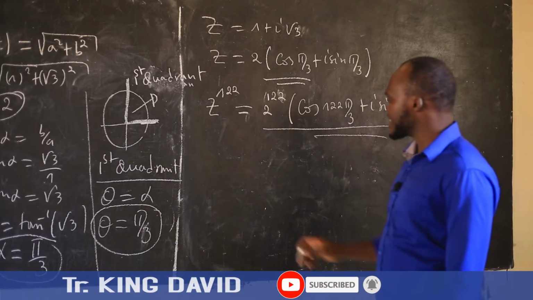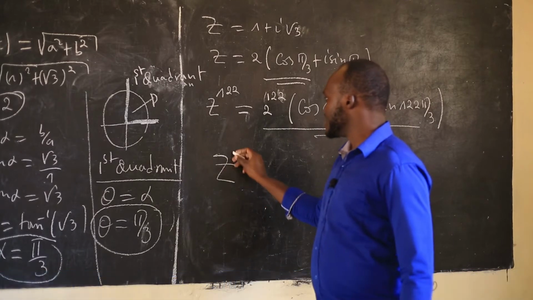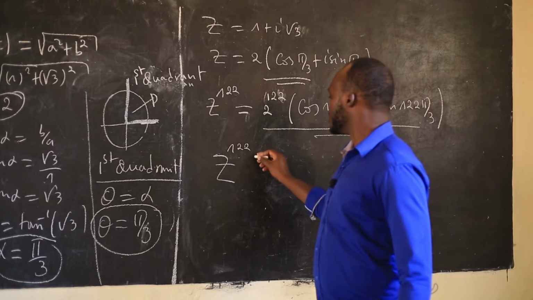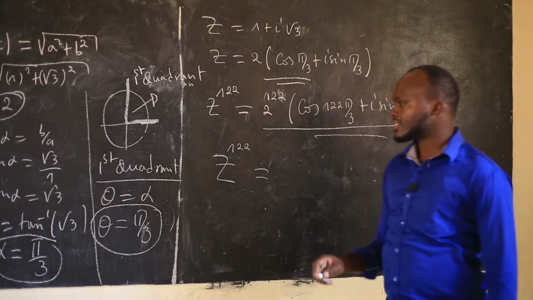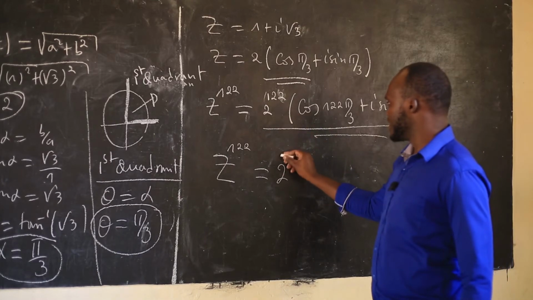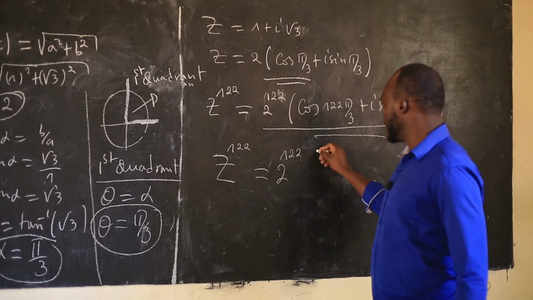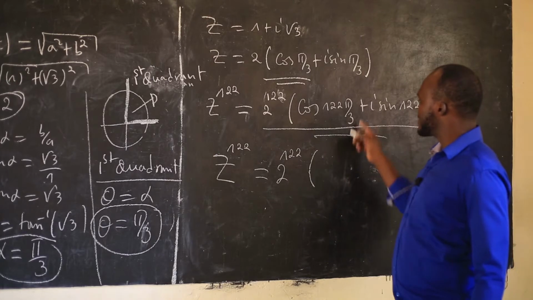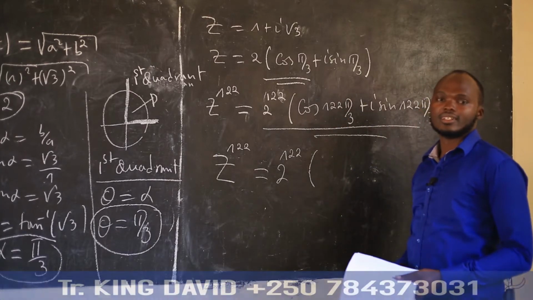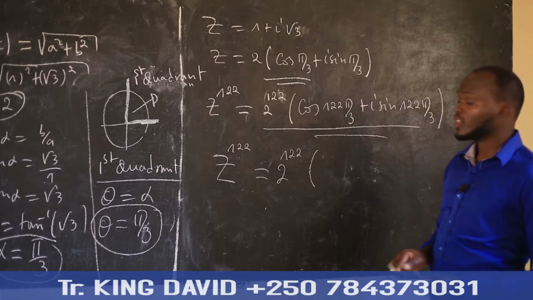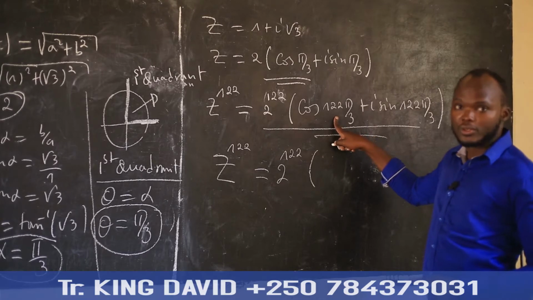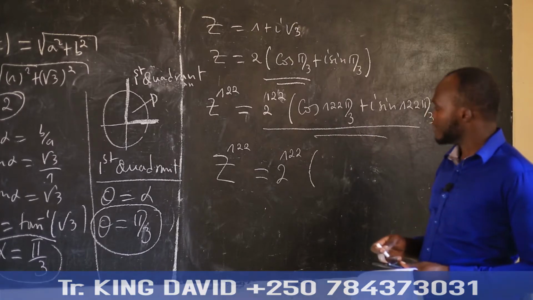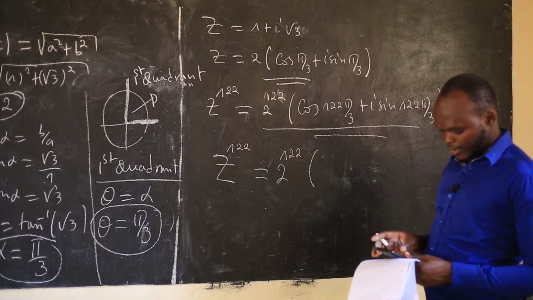So this is the answer in polar form, but the question is asking for algebraic form, so I'm going to write that one in algebraic form. The answer is 2 power 122 into bracket. I find the value of cos 122 pi over 3, using the calculator to get that value.